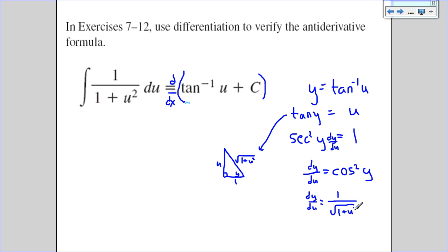And since it's cosine squared, we have this thing squared, which, lo and behold, dy du is 1 over 1 plus u squared, which we knew was the derivative of inverse tangent. If you didn't, that would be something that you should want to look over for your quiz on Friday.